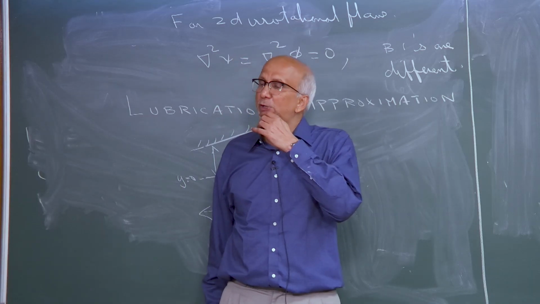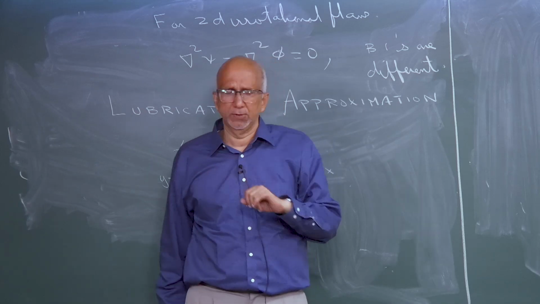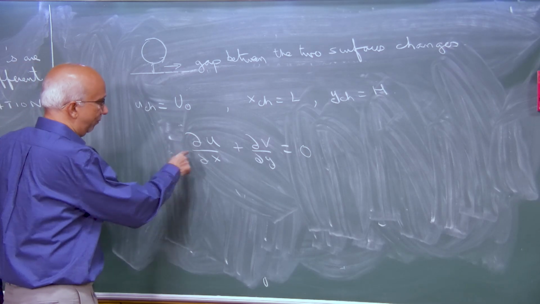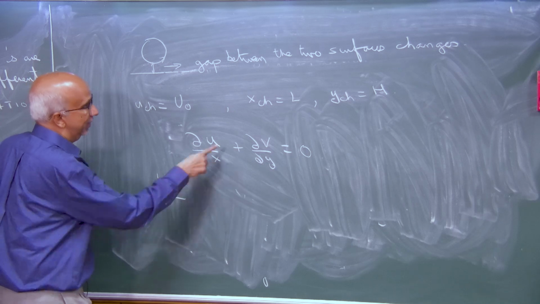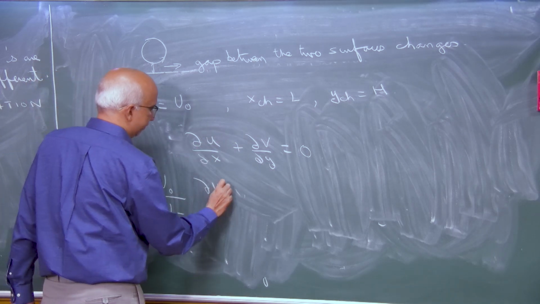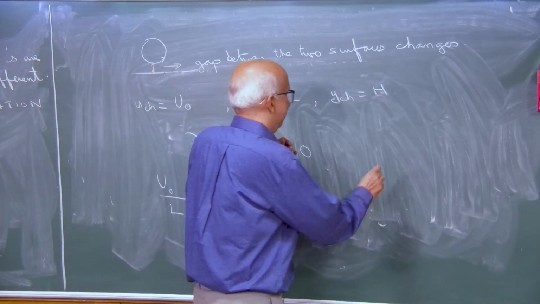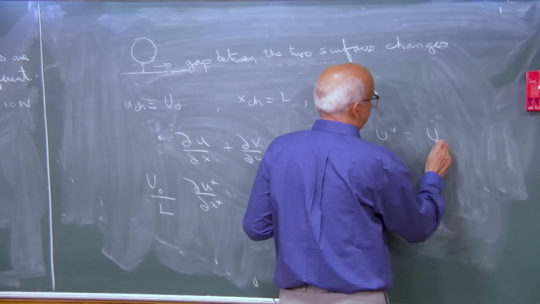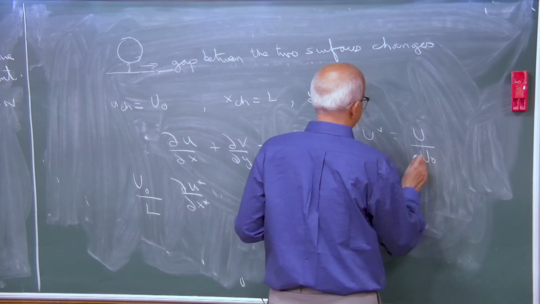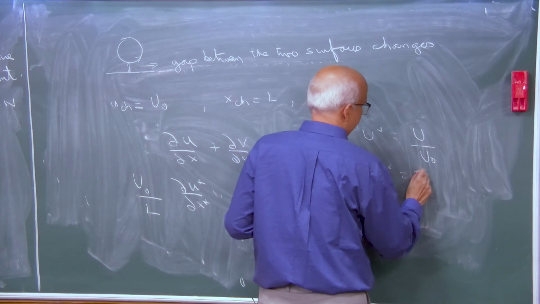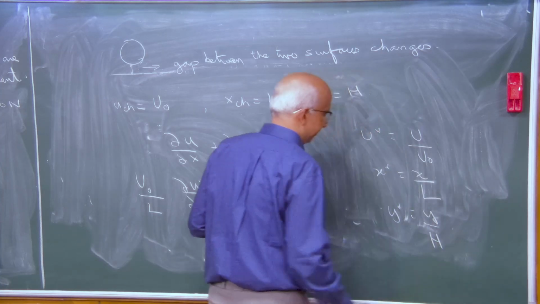So I have not told you what the characteristic velocity is in the y direction, the v characteristic. But I am going to make this equation dimensionless. I say u naught x is made dimensionless by L, du star by dx star. Like we did earlier, u star is u divided by u naught, x star is x divided by L, y star is y divided by h.